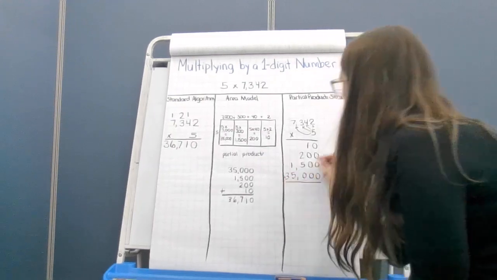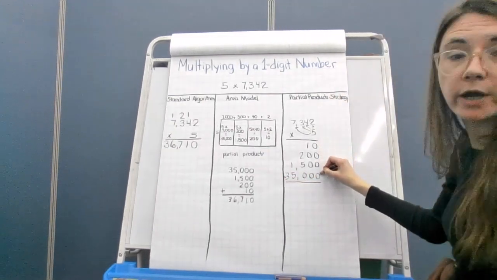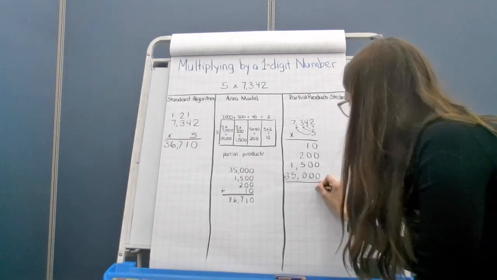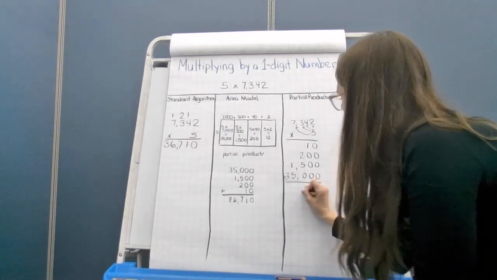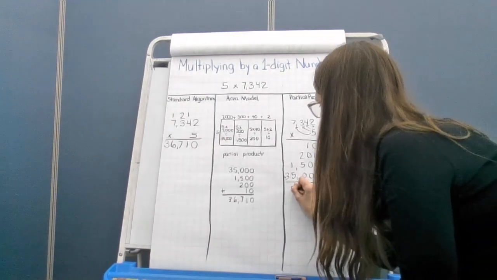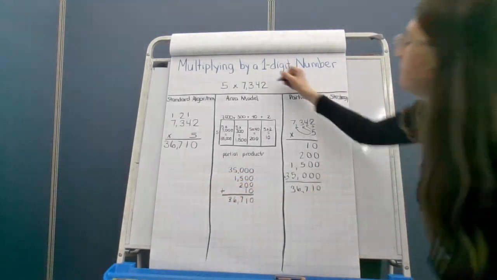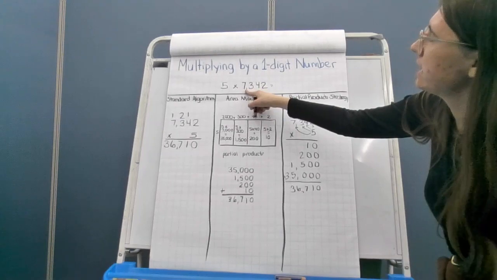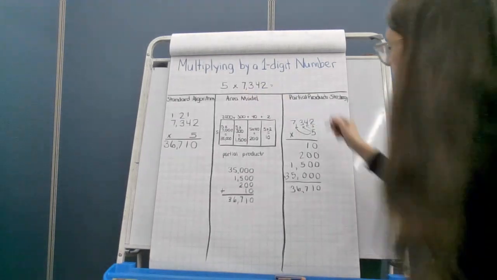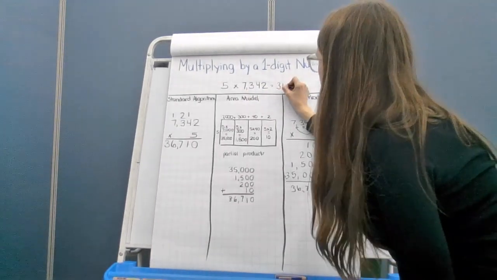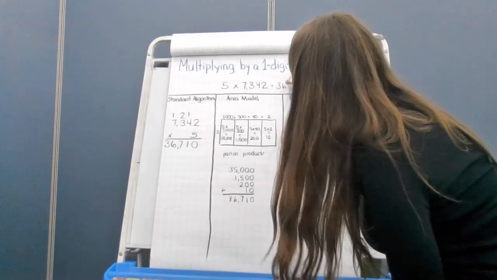And again, they have 1, 2, 3, 4 partial products that they need to add. When they do that, it's the exact same answer, the exact same product as before. So for all 3 of these strategies, we found out that 5 times 7,342 is 36,710.